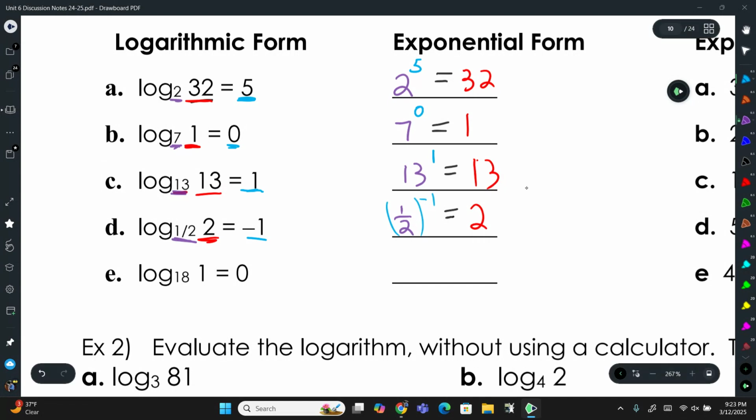And then we have our last one, 18 raised to the 0 power equals the other number, 1. And remember, anything to the 0 power is 1. So that's going from log form to exponent form.